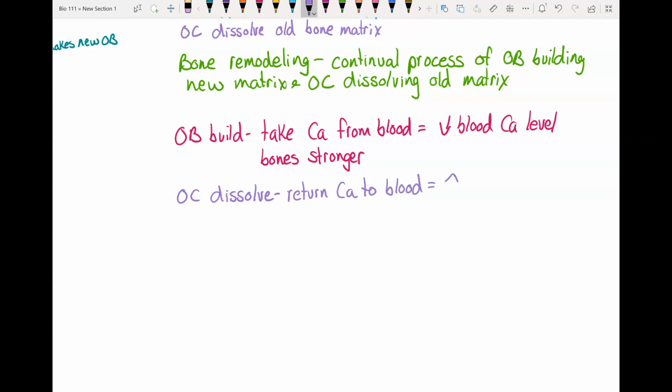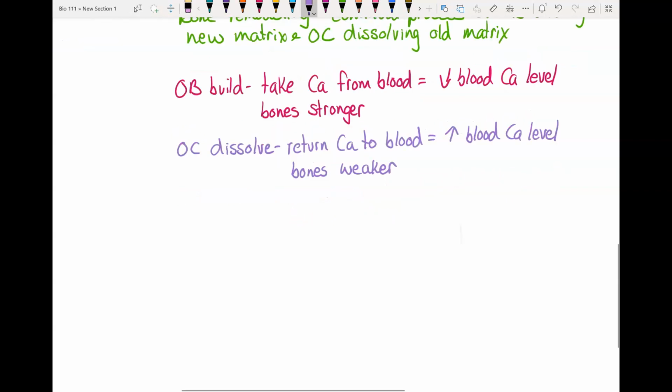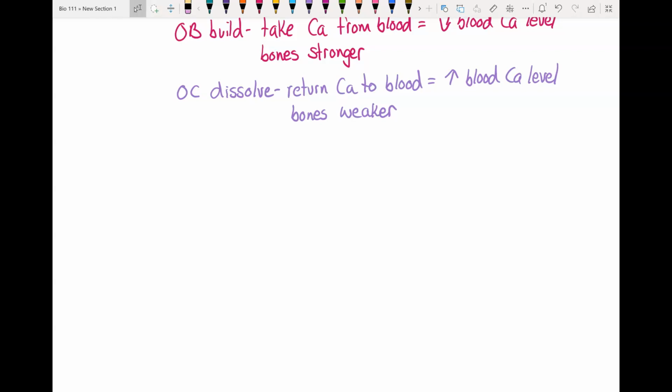So that increases your blood calcium level. But this makes your bones weaker because you're dissolving it.